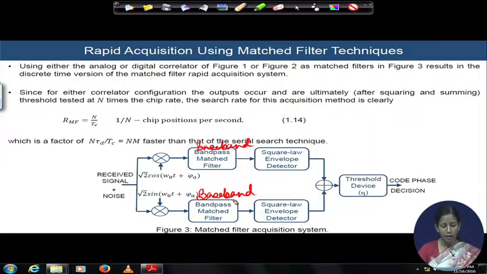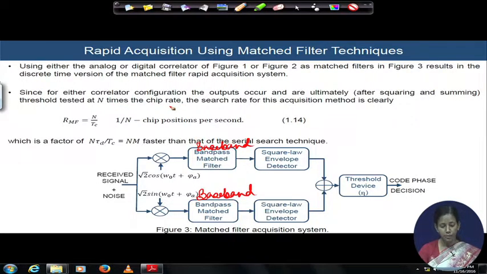Okay, and now the fundamental question needs to be answered. Whether you are in the analog or the digital correlator architecture, whichever you look into, the same thing is happening. For either correlator configuration, the output you are getting, and the threshold testing, is going on at capital N times the chip rate.